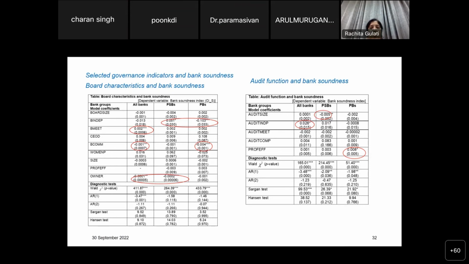As far as the audit committee is concerned, we note that the majority of independent directors on the audit committee assist in exercising better controls over the bank accounts and finance, and accordingly, tighter audit functions bring down the danger of failure.